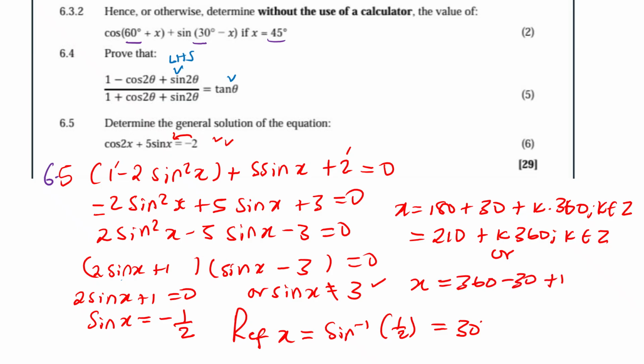Plus k 360. Very good. Therefore, now 360 minus 30, it is 330 plus k 360. K is an element of Z. Therefore, now that's the general solution.